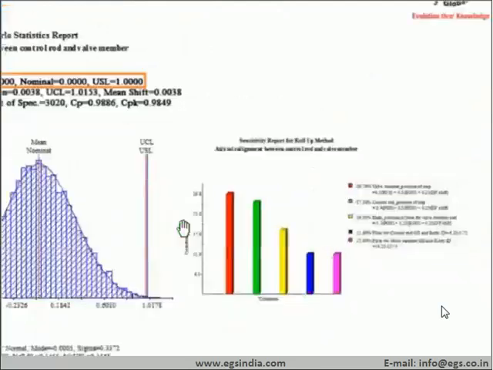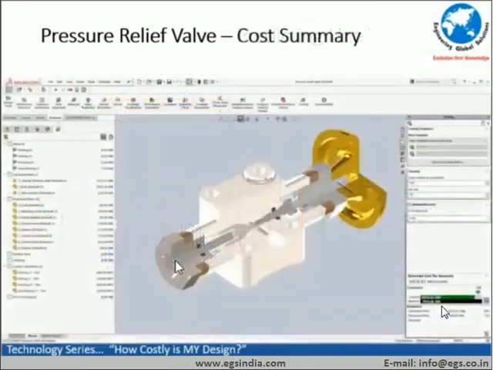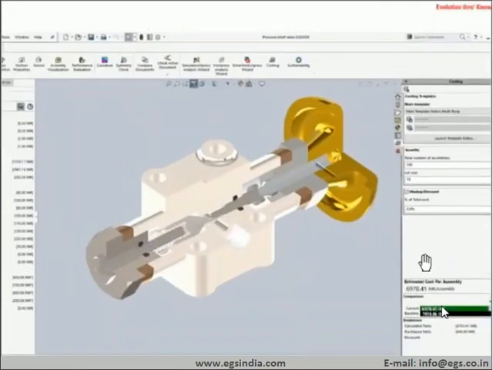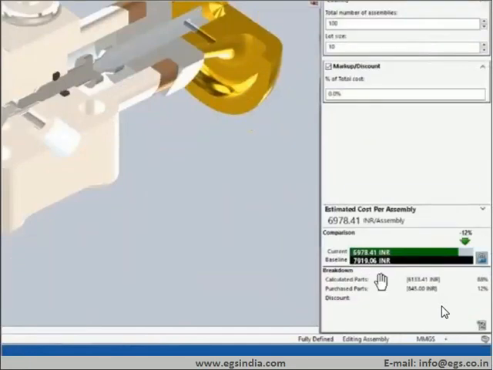So bringing all this together, if you are able to put this together on your system and you come up with the total assembly cost, you see that after a lot of different iterations, you seem to have started with around 7,900, which was higher than the target cost of 7,200, and you have ended up with 6,900, a little over that, as a result of your iterations at the design stage.